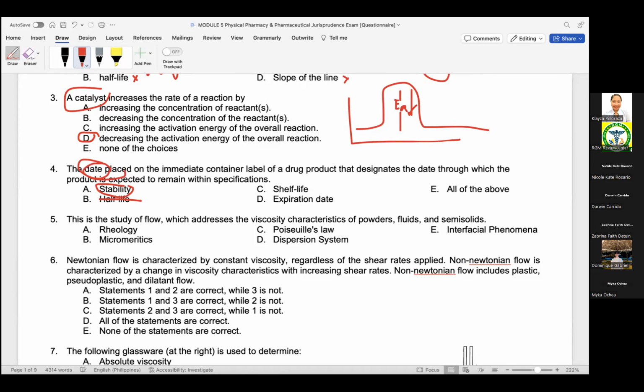The date that is placed on the container of the drug. So, is that shelf life? Hindi shelf life. Shelf life is the duration at which the drug is still effective and of quality. Duration or period, kung kailan siya okay pa. Pero pag date ang pinag-uusapan natin, we're talking about the expiration date. Okay? So letter D is the correct answer here.